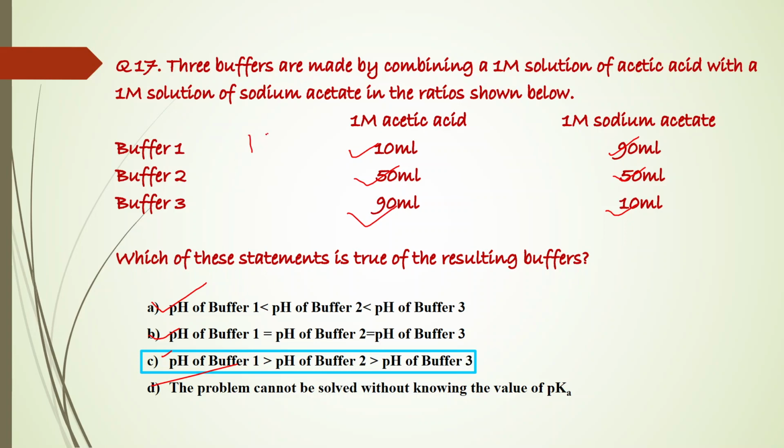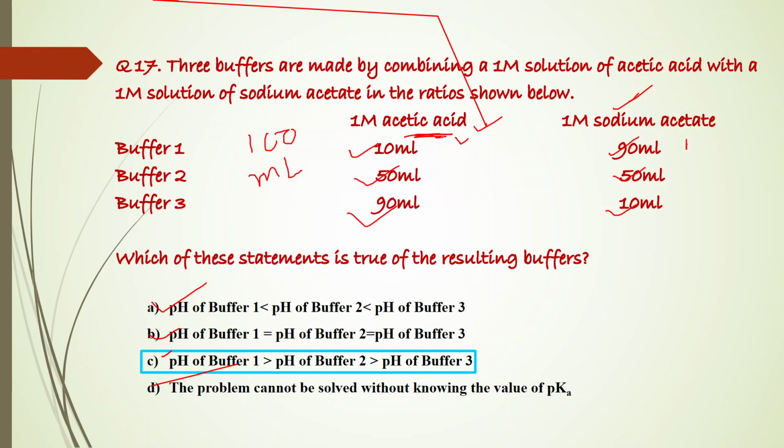So in all cases the final volume of the buffer is fixed. Whatever you are doing is just varying the salt concentration and the acid concentration. Salt is nothing but your base concentration, and this is your acid concentration. Whenever you increase the acid part in a buffer with a fixed volume, it will give more acidic conditions to the buffer.